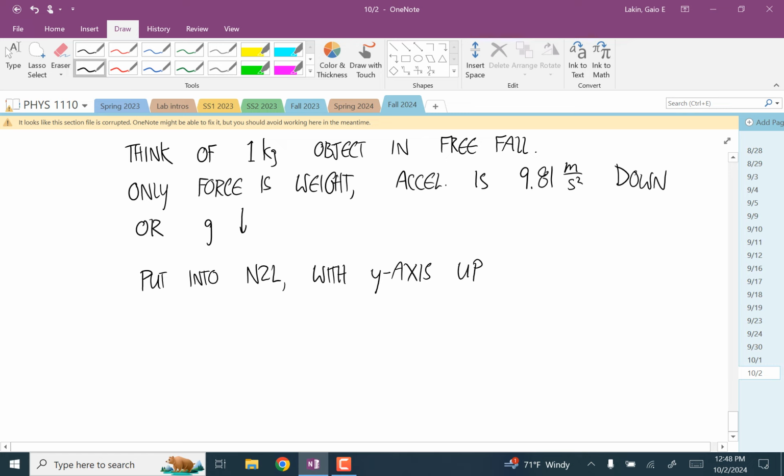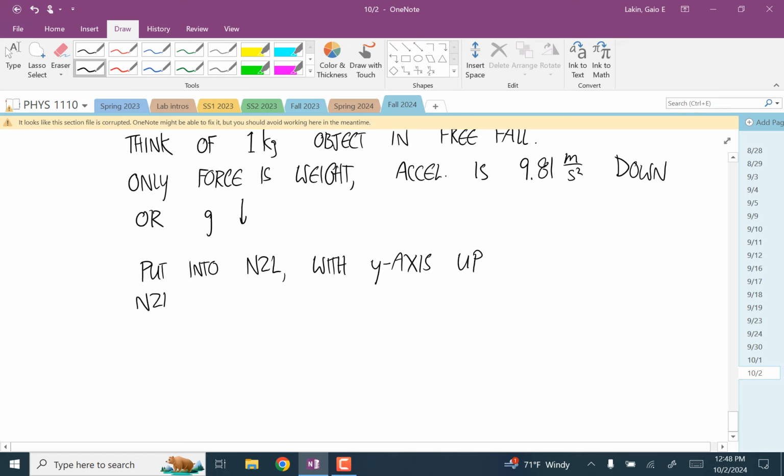Okay. And Newton's second law says add up all the forces acting on the body. In this case, all it is is the weight force. And that's equal to the mass of the object, which I said was 1 kilogram, times the acceleration, which is 0, negative 9.81.